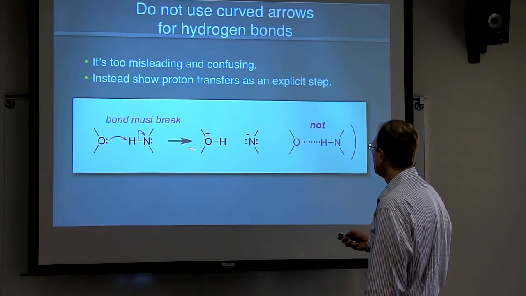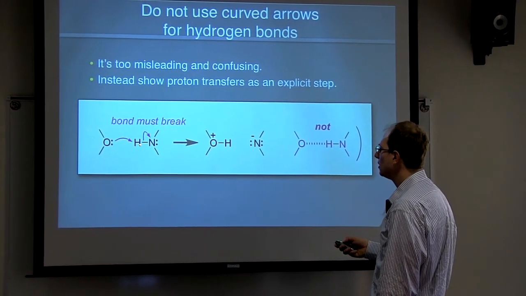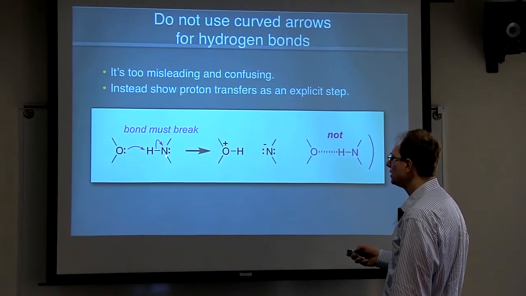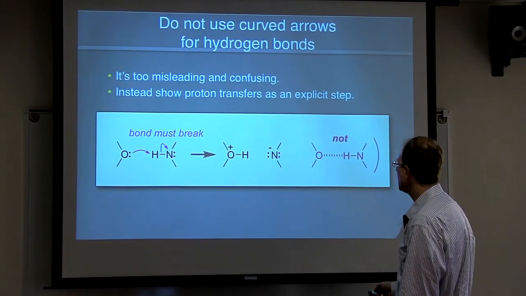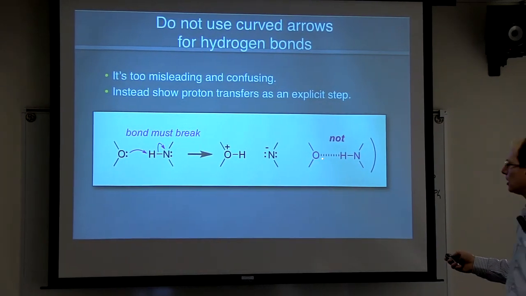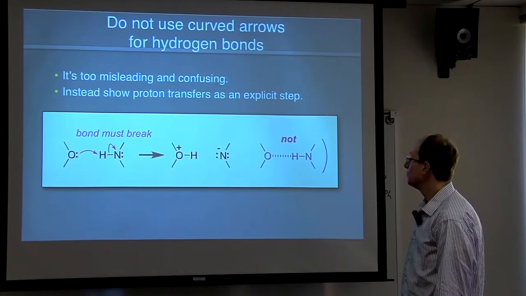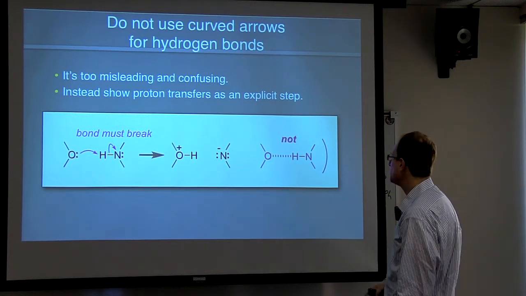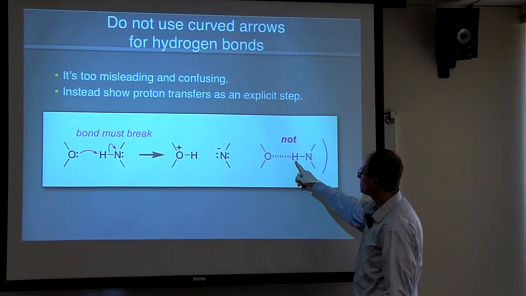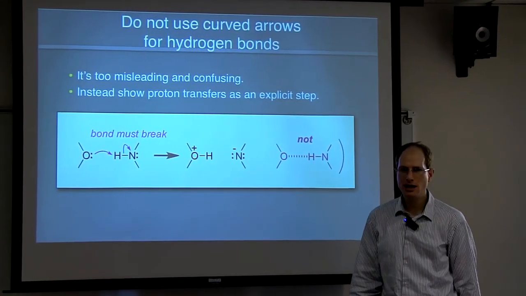So for example, if you wanted to show transfer of the proton on this nitrogen atom to the lone pair of the oxygen, you might be tempted to simply draw a hydrogen bond in here, and that would be utterly incorrect, because this hydrogen bond is basically saying the hydrogen is somewhere between here and there, somewhere in the middle, somewhere on the sides.